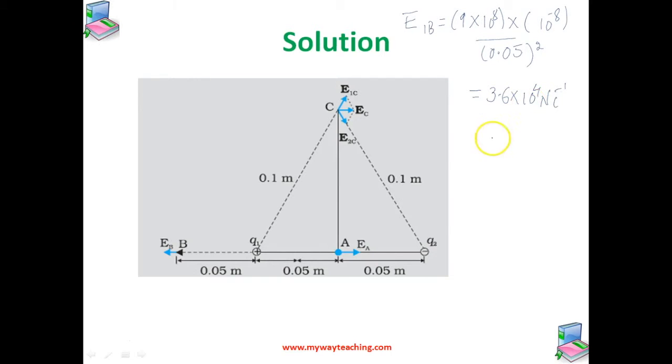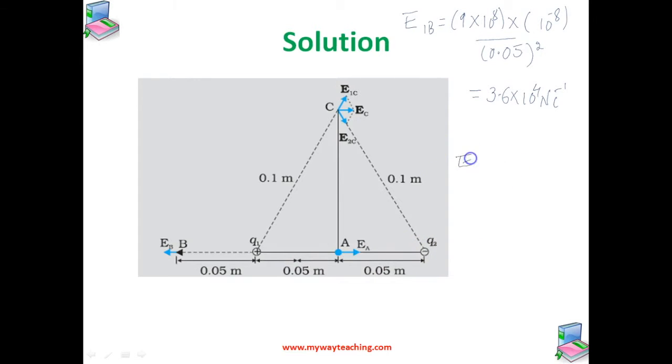Next, the electric field at point B due to charge Q2, that also we have to calculate. It is not the same as that of Q1 because the distance is not the same here. You are seeing, right? The distance from Q1 is 0.05, whereas the distance from Q2 is 0.05 plus 0.05 plus 0.05, that is 0.15.